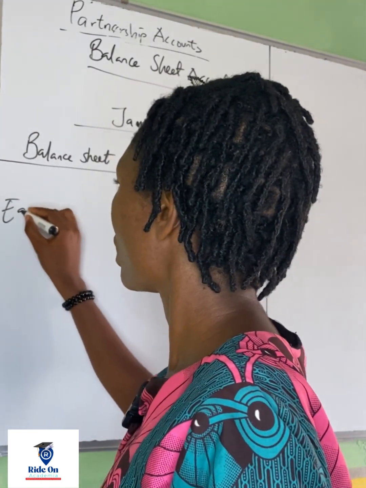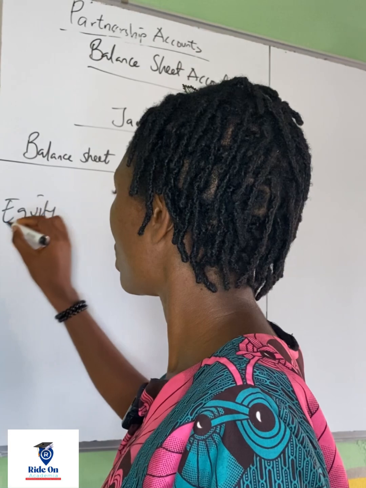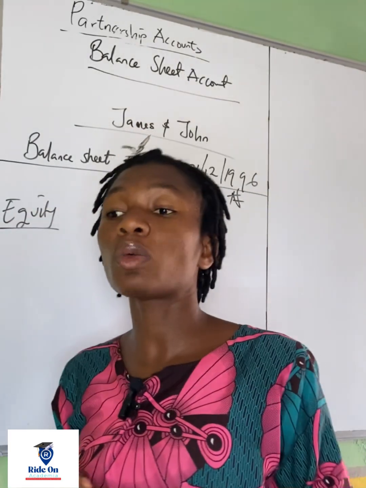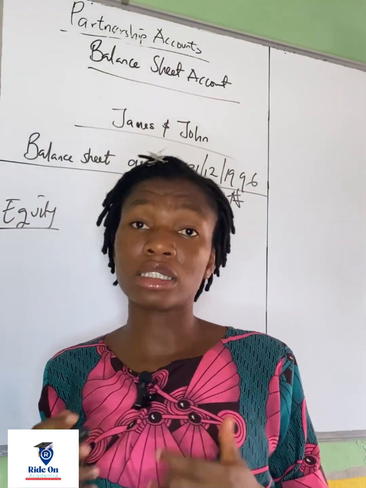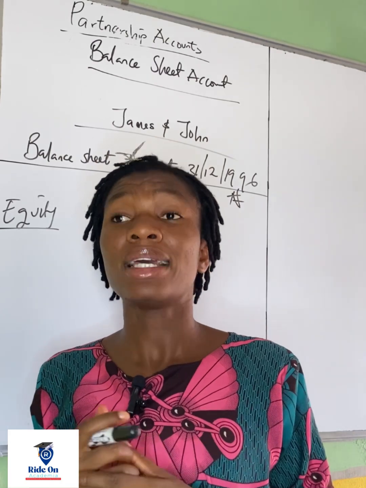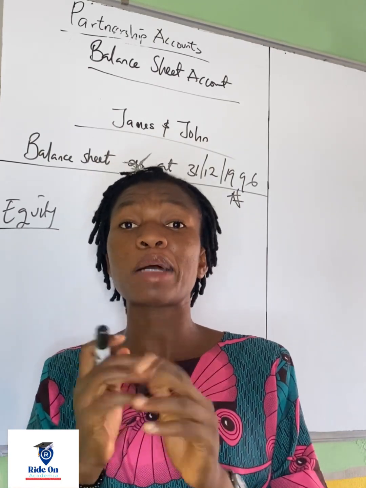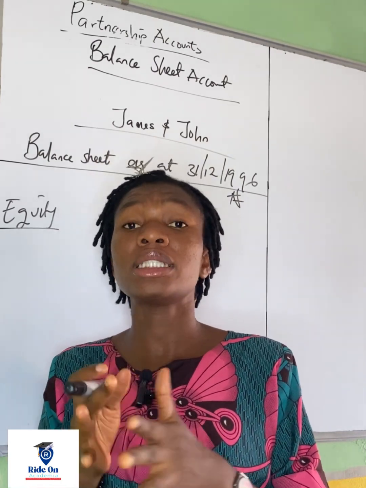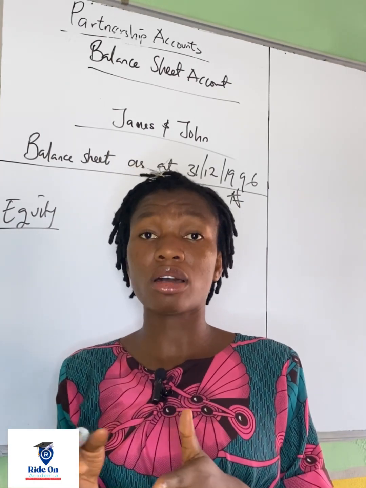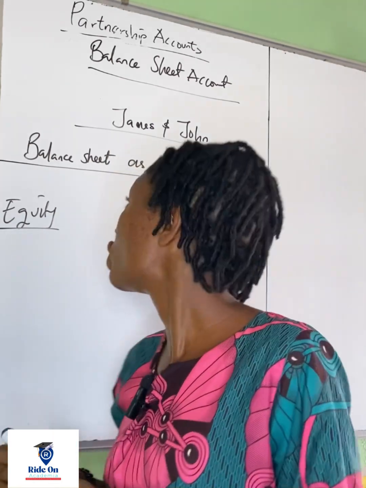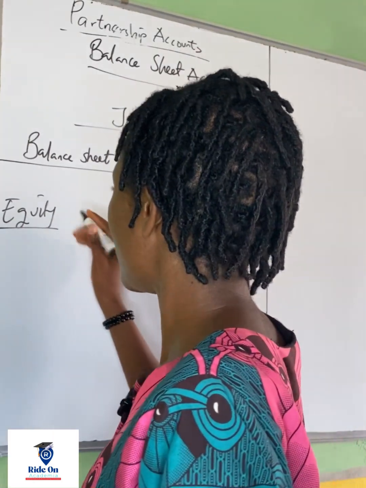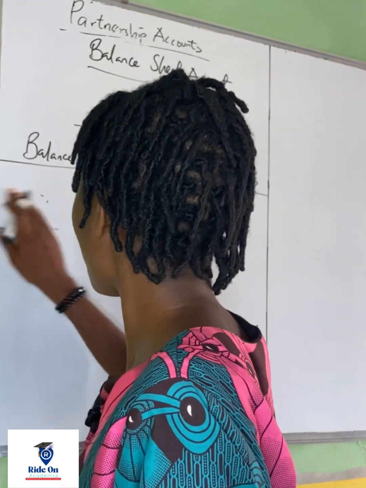Under equity we have our capital. Since we are operating a fixed capital account, we're going to be bringing in our capital and then our current account, bringing in our balances.